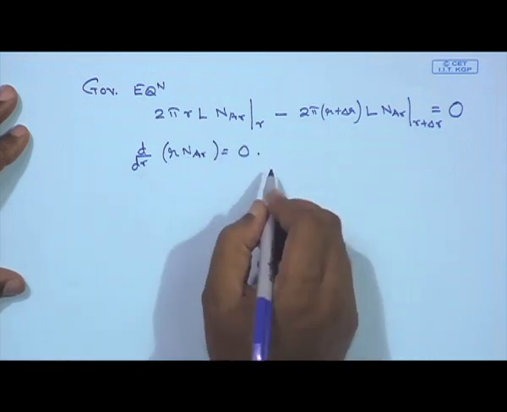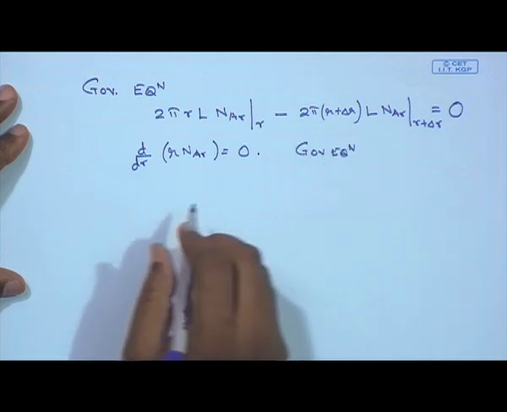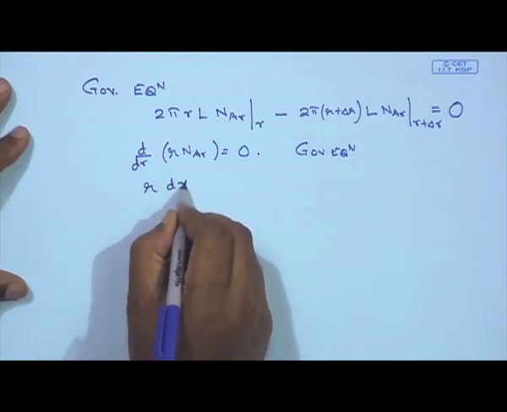So, this is your governing equation, which can then be integrated in order to obtain r times N_Ar.